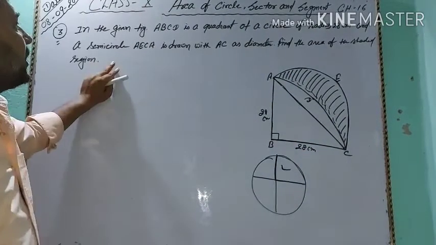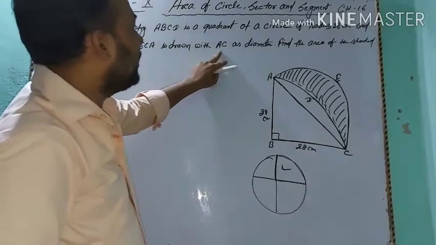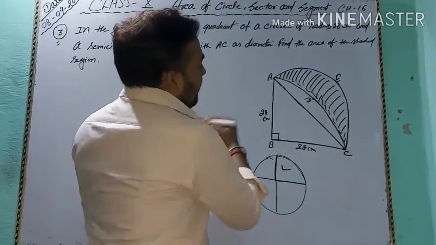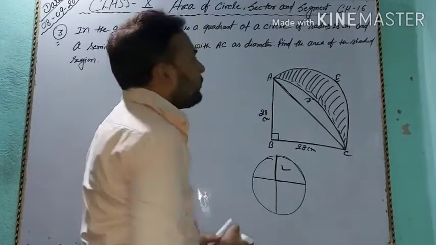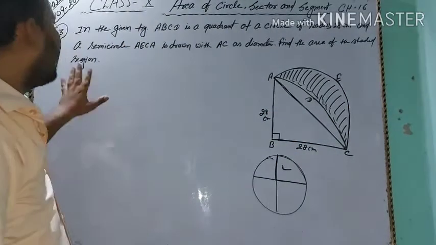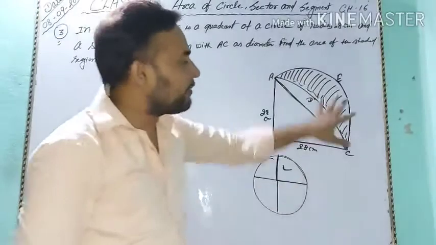A semicircle AECA is drawn with AC as diameter, and the diameter of this semicircle AEC is AC. So find the area of the shaded region. We have to find the area of the shaded region.